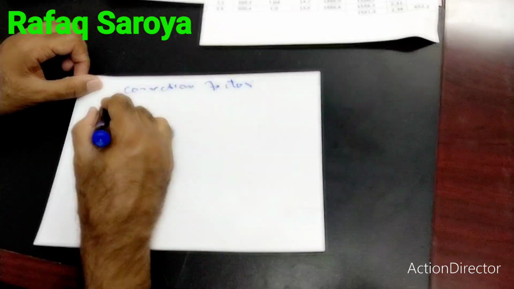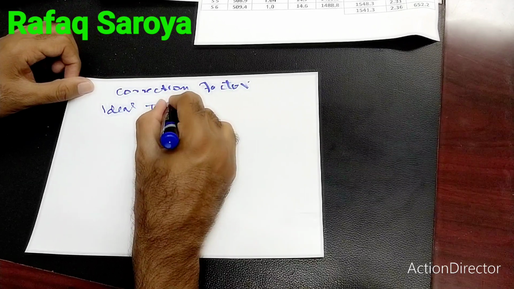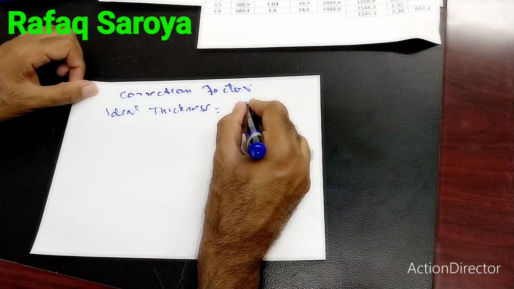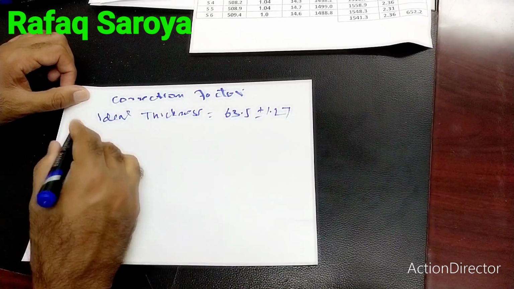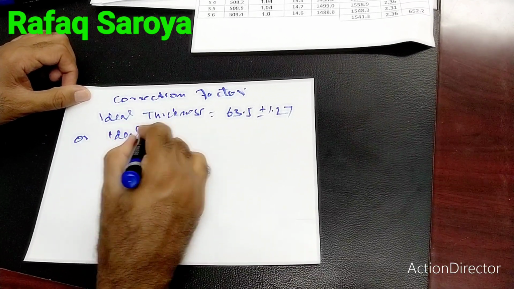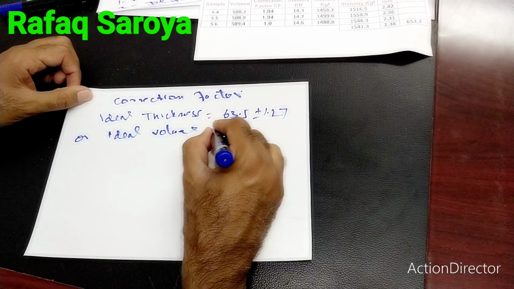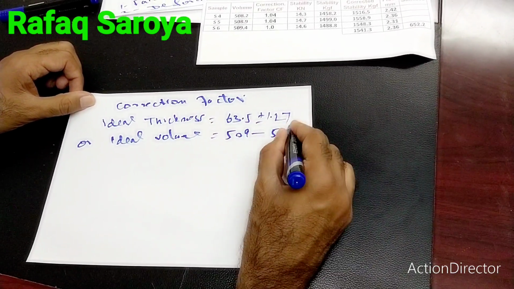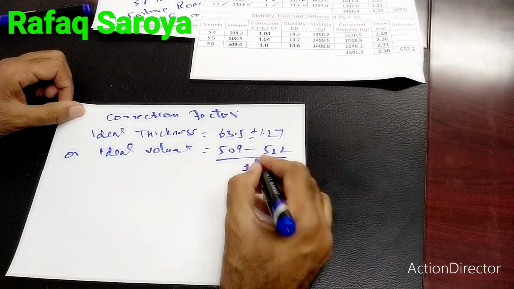Our ideal thickness for this Marshall specimen is 63.5 plus minus 1.27, or we can say the ideal volume, because every specimen has this volume, is equal to 509 up to 522. When the volume is within this range, the correction factor is taken as 1.